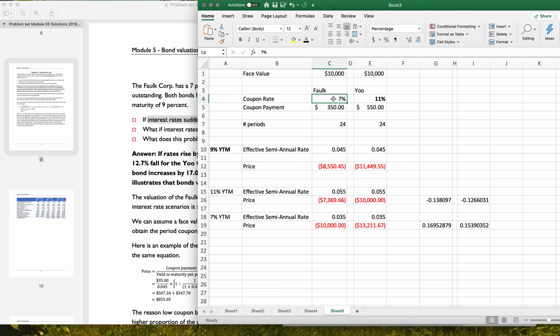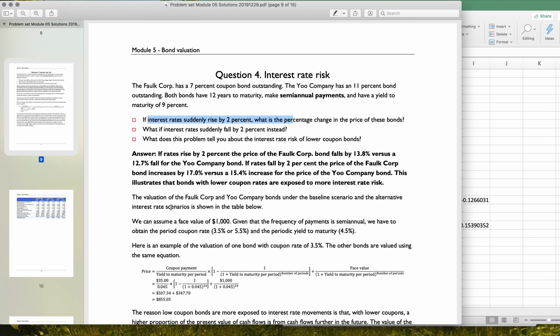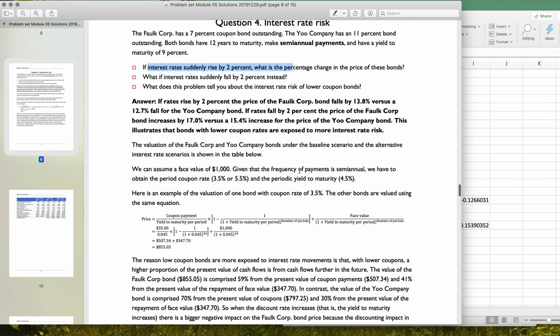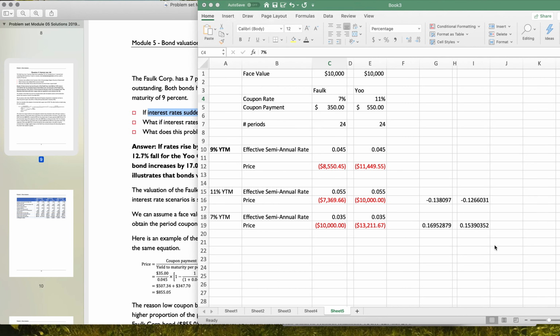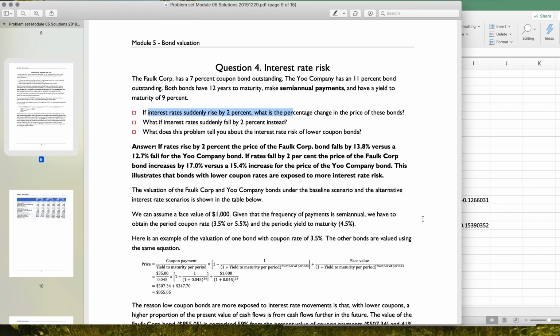Notice that this is a lower coupon bond. When the rate changes by 2%, this price is going to change more. This price, the 11% bond, is going to change less. Over here, a 7% coupon bond, a 2% change in rates moves the price up by 16.9%, and this by only 15.3%. So the lower coupon bond is much more sensitive to changes in interest rate. That's essentially what this question is asking you. So yeah, we got the right number, 17% and 15.4.